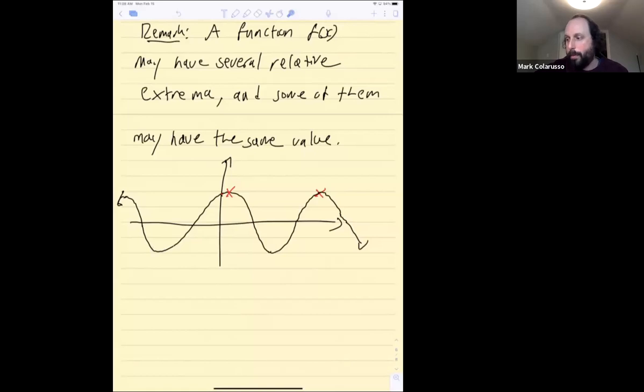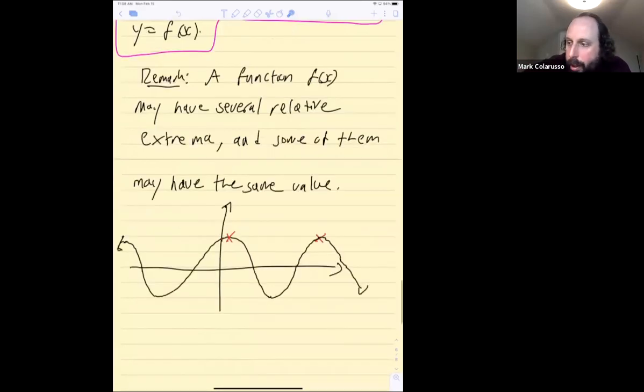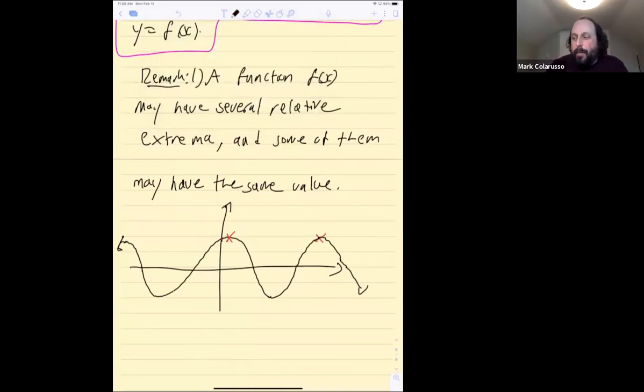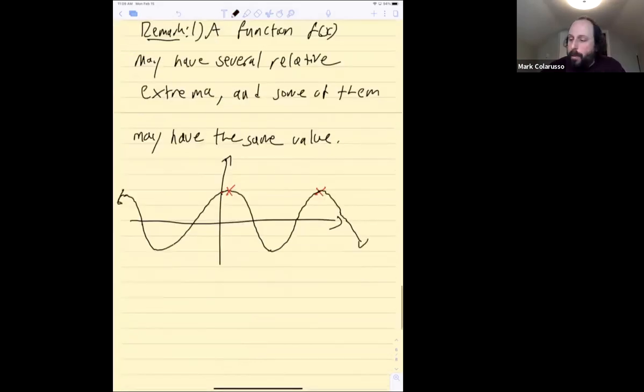And these are relative maxima that have the same values. So that can happen. You can have a mountain range with peaks of the same height, basically, and valleys of the same depth. Like I said, I don't think we'll see a lot of this in this class. This tends to happen with trig functions. What I've drawn is a trig function, but it's good to be aware that it does happen.